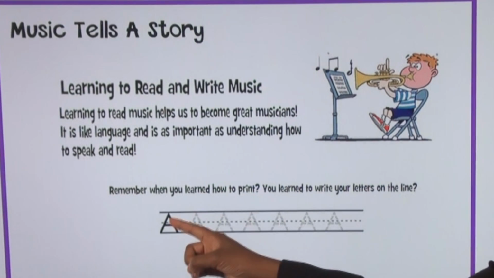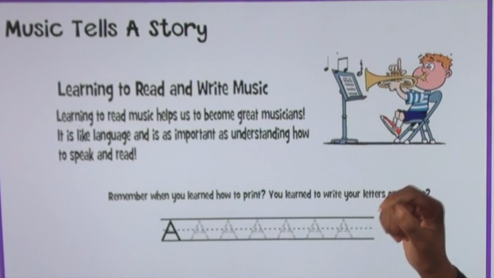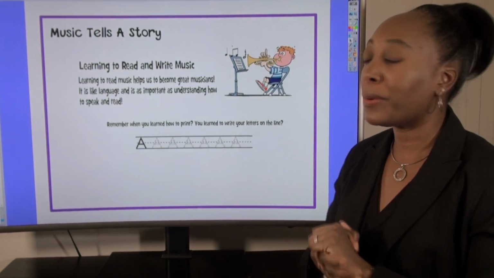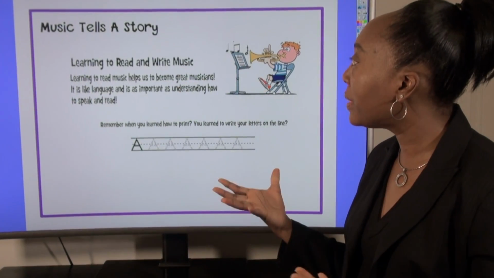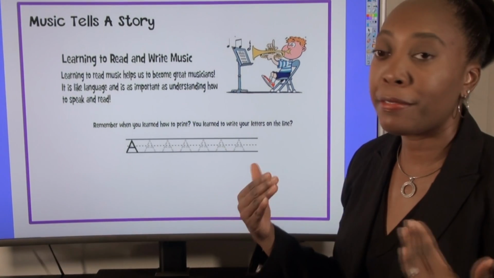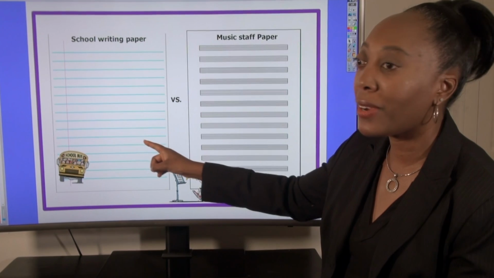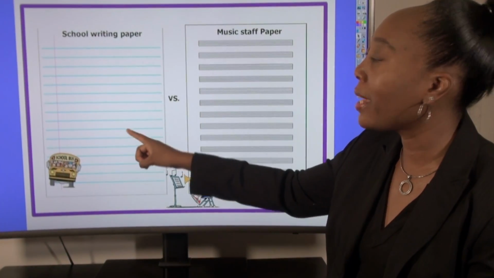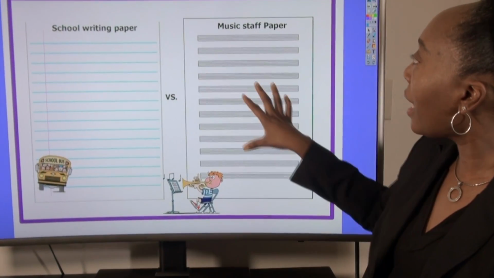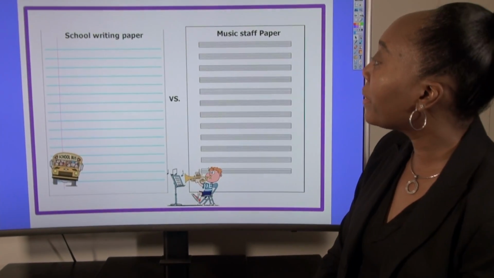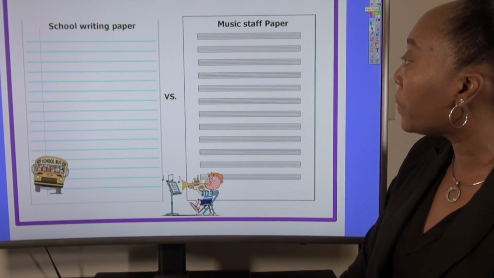Remember how you had to write your capital A's and lowercase a's and all those letters. Music is written on 5 lines and 4 spaces. So remember grade school where you had your lines and you had to write on them? Well, look at the music staff. They have some similarities.